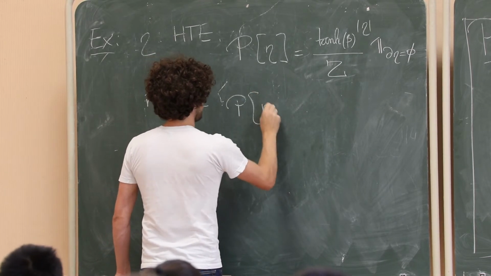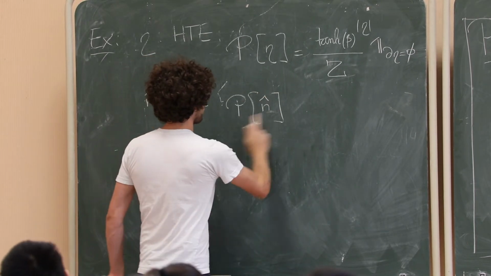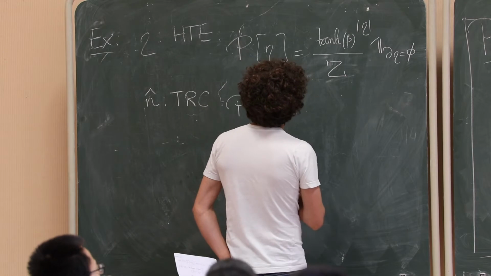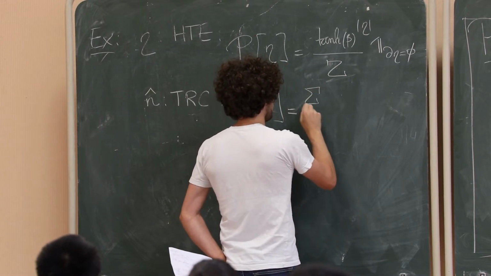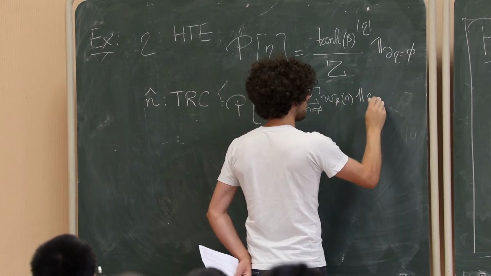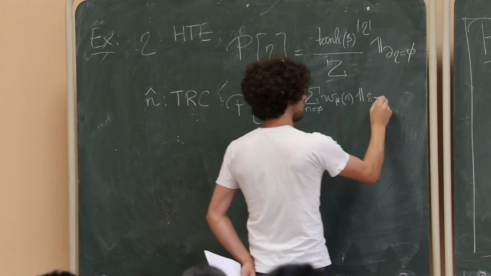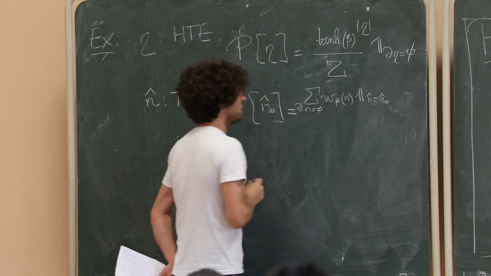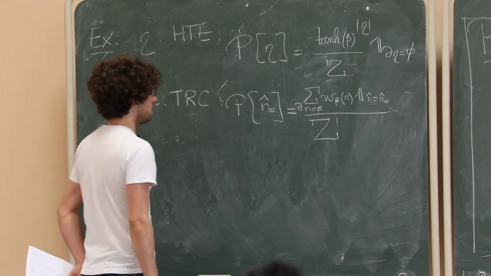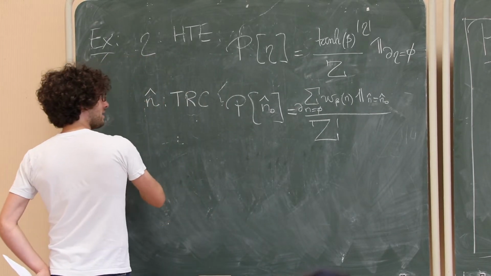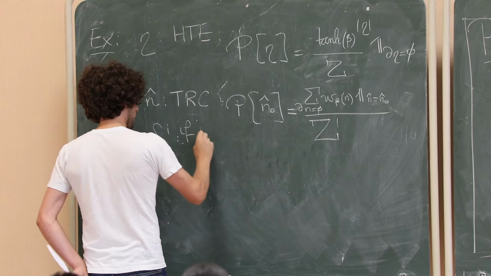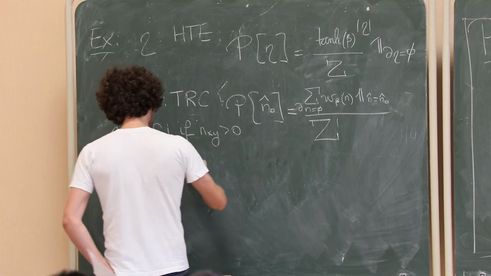And the probability of n hat is equal to the sum over sourceless currents n of W beta of n, indicator that the trace of n is equal to n hat, divided by z prime, where z is a partition function, and n hat of a current is equal to 1 if n_xy is positive and 0 otherwise.